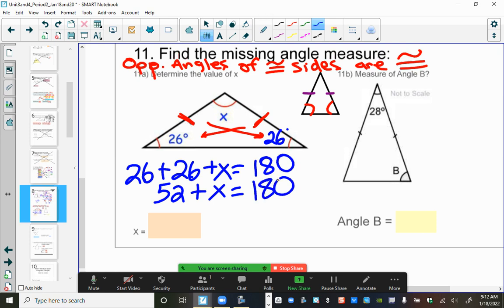Now, can we get that last angle? Yeah. What do we have to do with the 180 and the 52? Minus them.